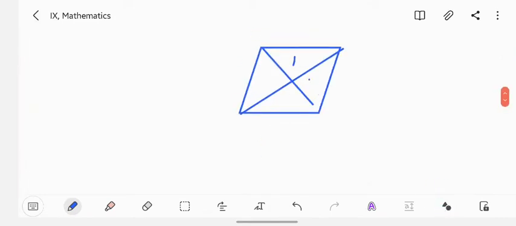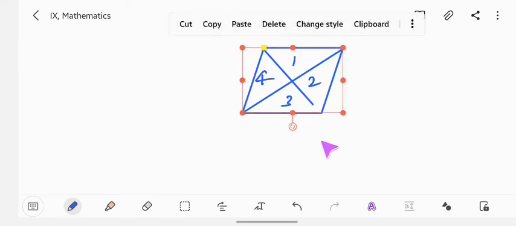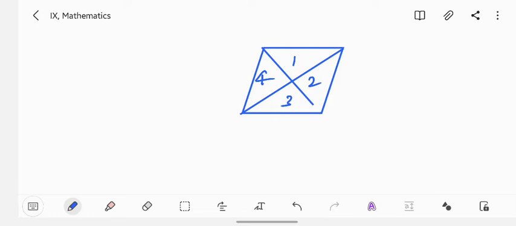Triangle 1, 2, 3 and 4. Let us join this. Okay, so four triangles of equal area if it is a parallelogram. In the case of a rhombus also, a rectangle also, or a square also, the things are the same everywhere.